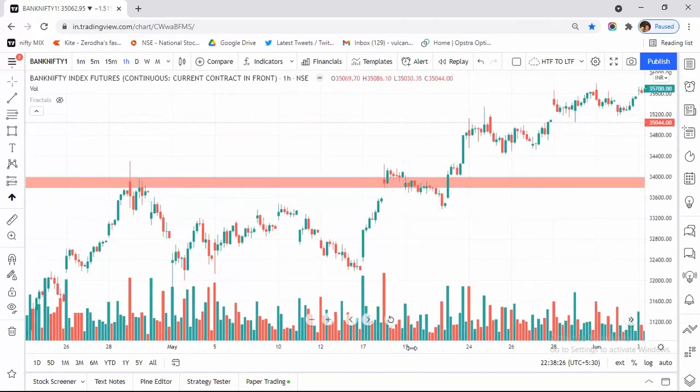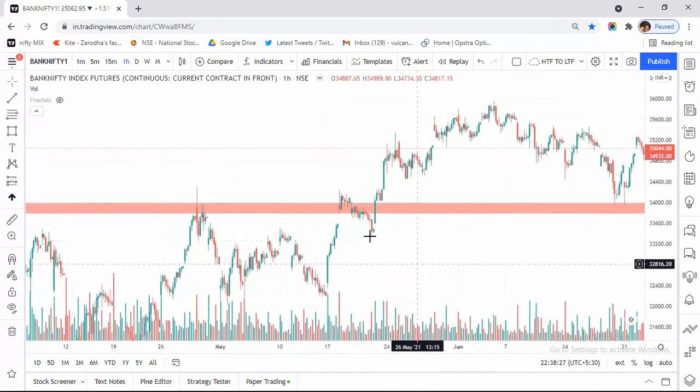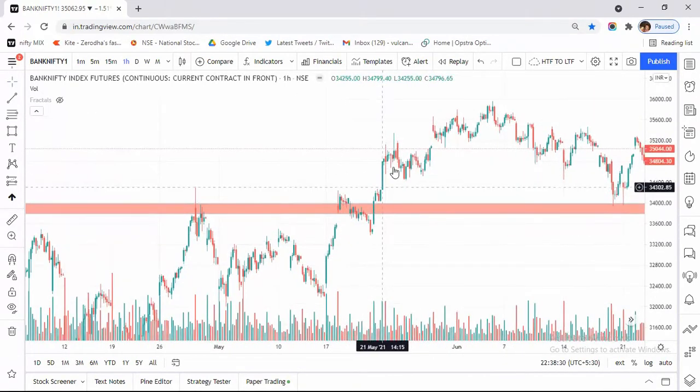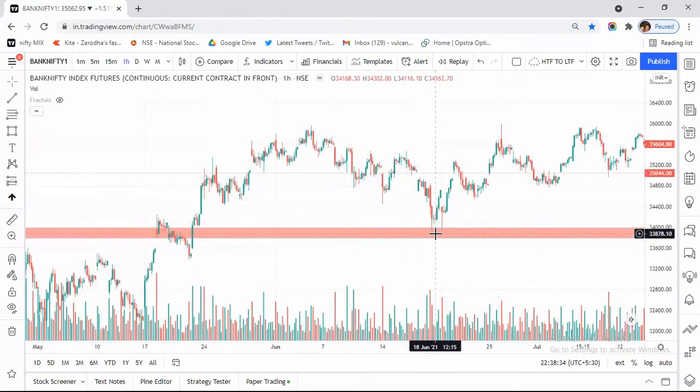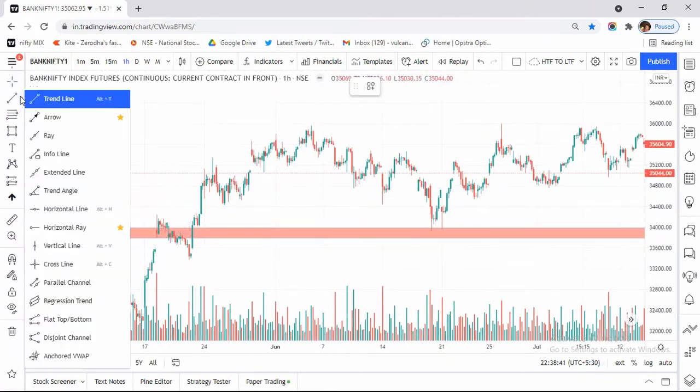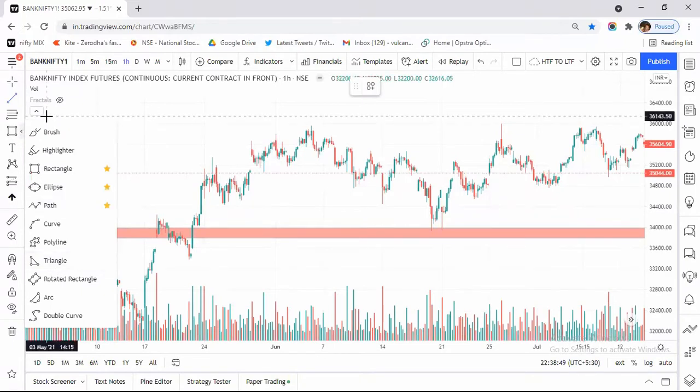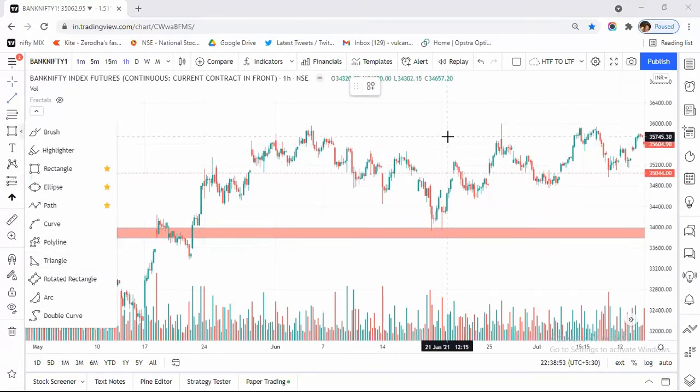But when price breaks this demand zone and comes again to this zone, what will it become? When price broke this demand zone, it was facing resistance from there, but after breaking that and coming back again, what will it become? Yes, support or supply.